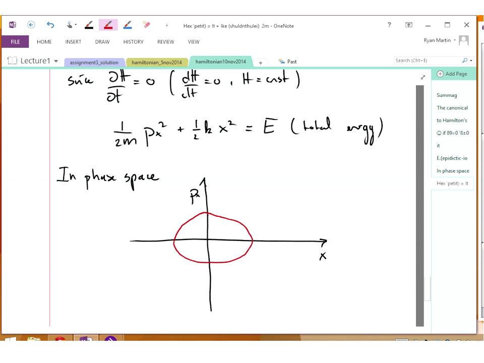And so it's centered about 0. And if I have different values of E, then I have a different ellipse.